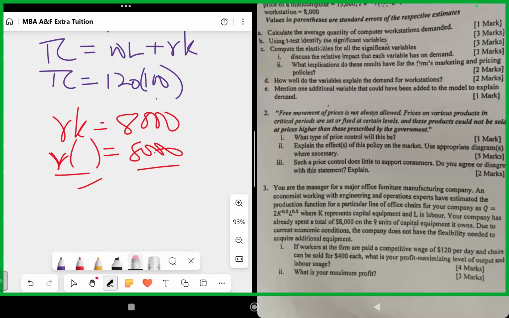The capital is 9 units. I'm using the first example. The capital is 9 units. So we divide both sides by 9 and we're going to get the rate. Let me pick my calculator.